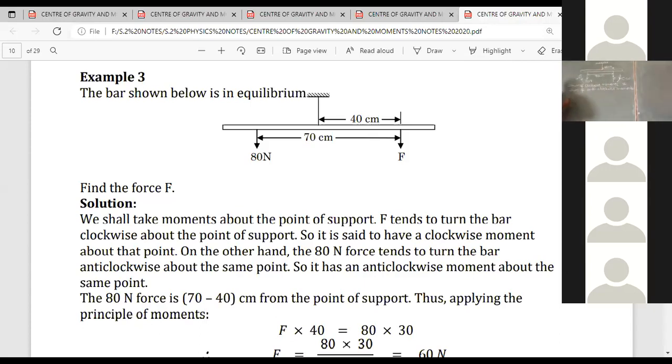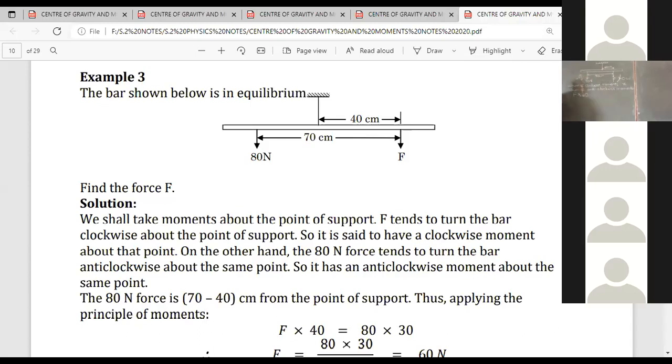A moment is simply equal to force times distance. So for the clockwise moment we have the force times what is the perpendicular distance from the line of action of this force to the turning point? 40. Wonderful.